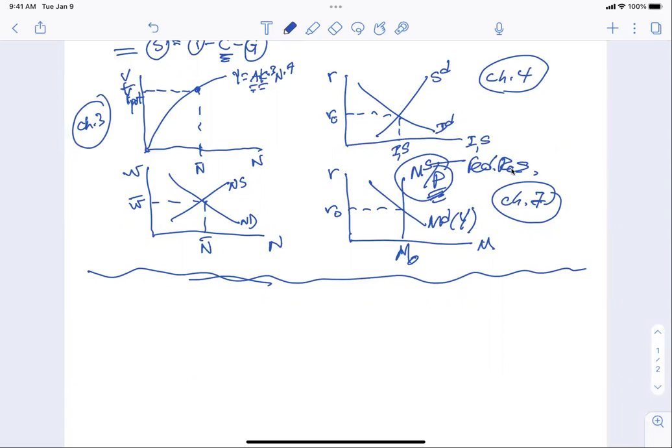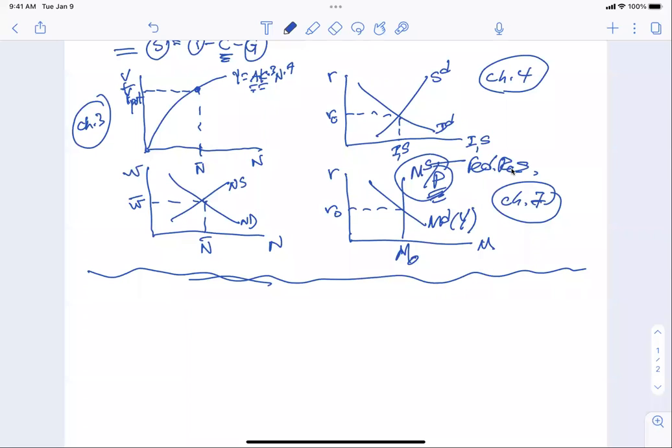And here's the point. This is why I wanted you to pause for a moment: it's a shift in the IS, and a move along the LM curve. When the IS curve shifts, you're moving along the LM curve. You're not shifting the LM curve.